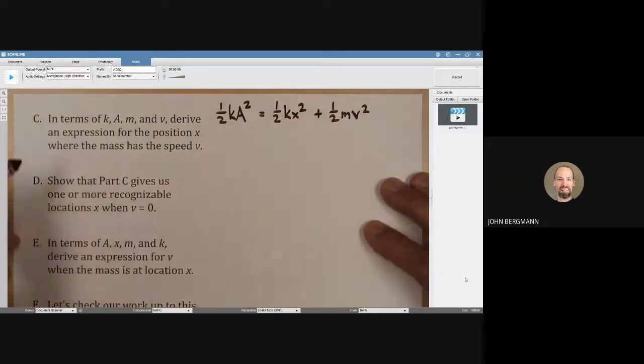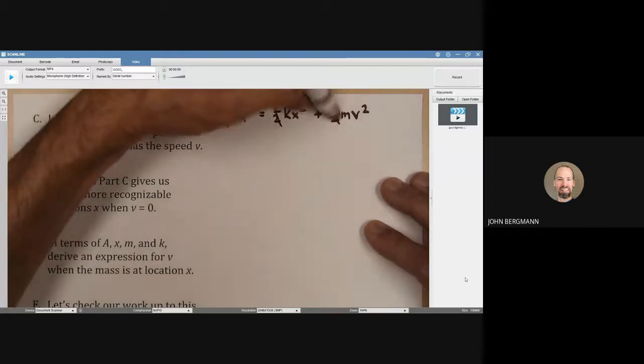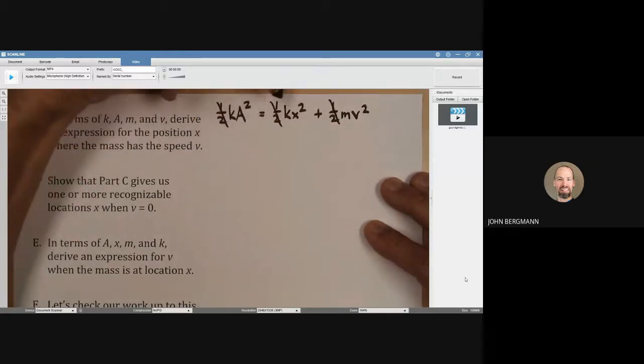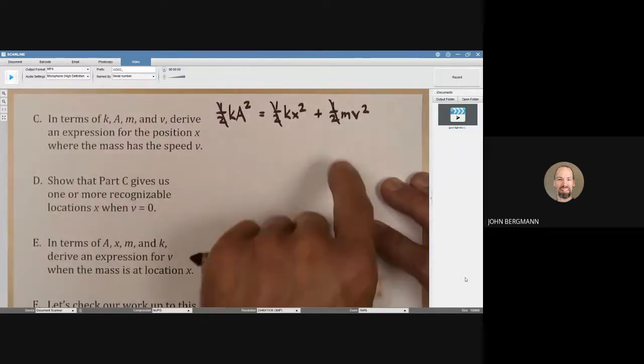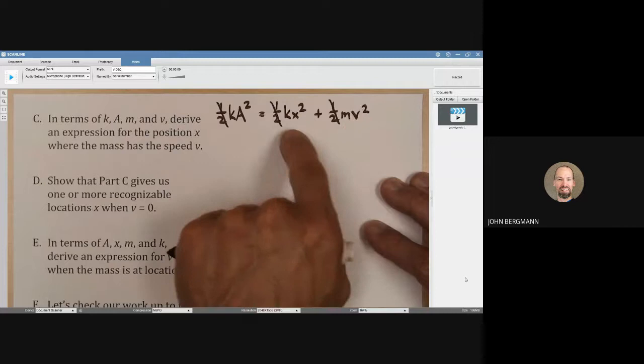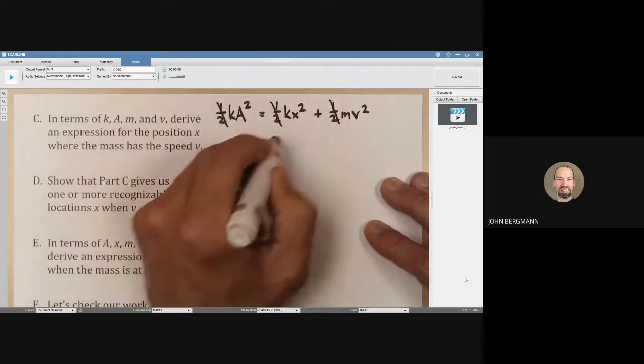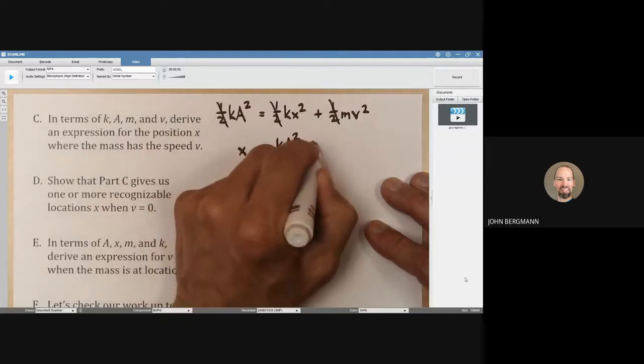So let's see if we can derive an expression for x here. I'm going to multiply both sides by 2, so the 1/2s will go away. And to solve this for x, it looks like we want to subtract mv squared from both sides, divide both sides by k, and take the square root. You check and make sure I'm doing this correctly.